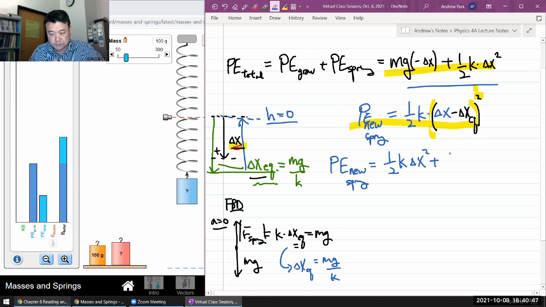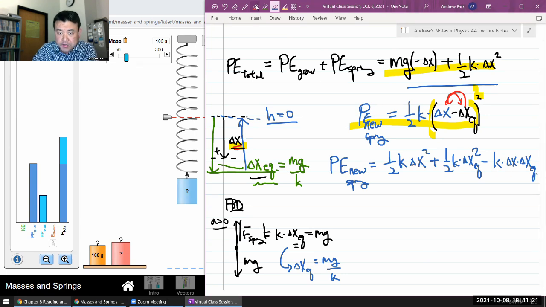When I write it all out, distributing 1/2 k, it's going to be 1/2 k times delta x equilibrium squared. And I have the cross terms, the terms you get from multiplying this with that and this with that. There's two of them, and it's minus, 2 times 1/2, so 1 times k, and the cross term, delta x times delta x equilibrium.